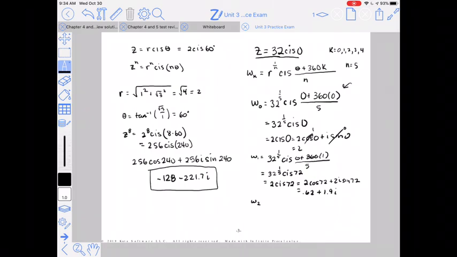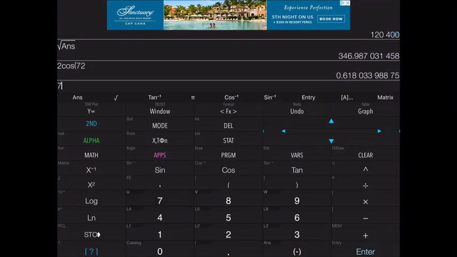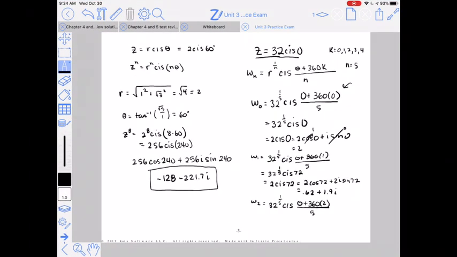We need the case for W2. So this is 32 to the 1/5. So this is now 720 divided by 5. It's 144.